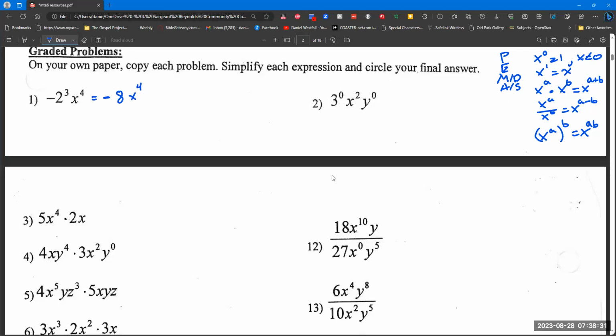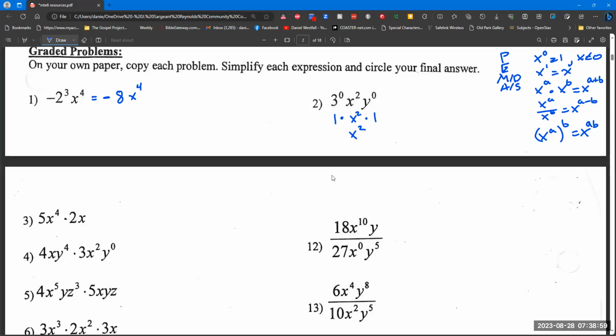And x to the fourth just gets written down. I can't do anything with it. That's simplified. Now we have 3 to the 0 is 1. X squared gets left alone. Y to the 0 is 1. And 1 times 1 is 1 times x squared is x squared.